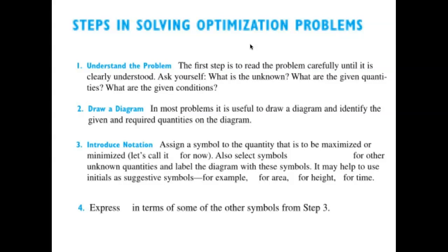What is it that I'm trying to maximize? Am I trying to maximize area? Am I trying to minimize cost? And then you're going to develop a notation. In some problems, it's going to be really helpful for you to draw a diagram and then label.